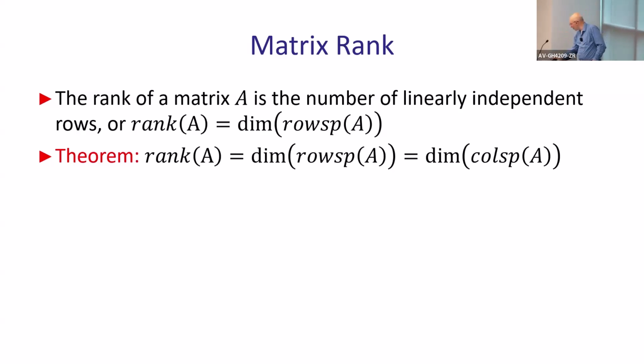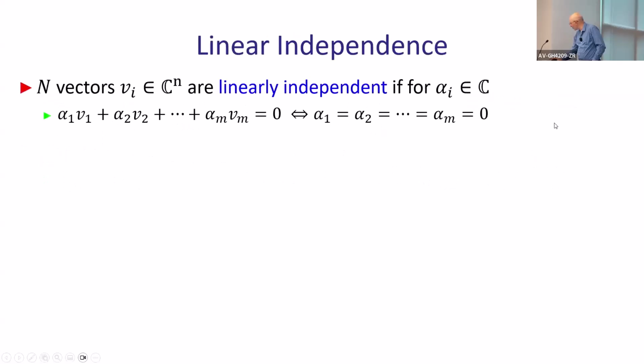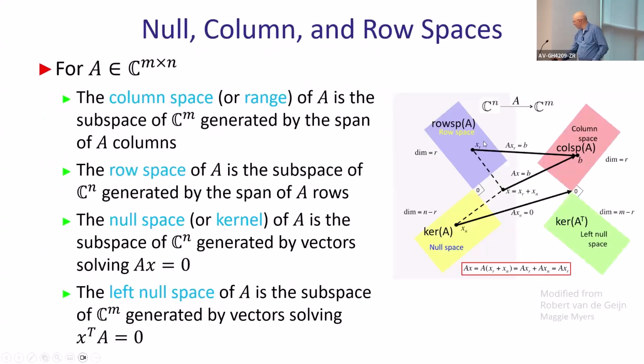And this is why I want to go back to that diagram that we had, just to show you something on the rank and dimension. So pay attention, the dimension of the row space by definition is R, how many independent rows you have. But since this one is complementary to that subspace and the total number here is n, the dimension of that space must be n minus R. They complement each other.